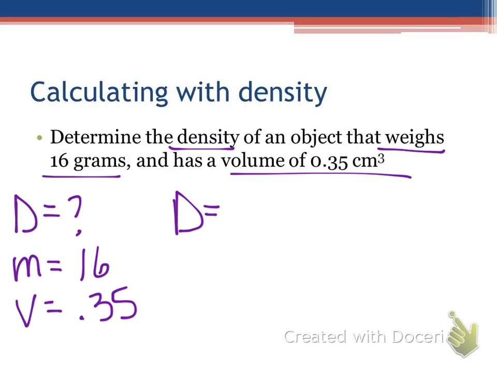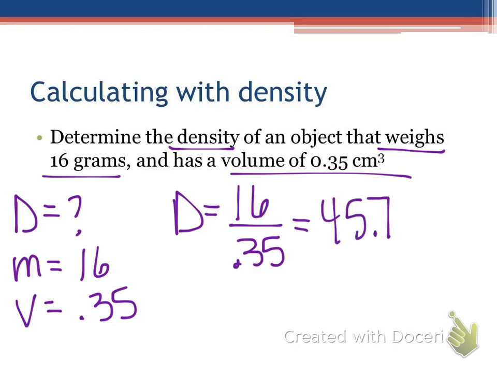If I know mass over volume, all right, somebody raise your hand and tell me what you got. Yeah, Logan. 45.7. 45.7, good. And what's our units here?